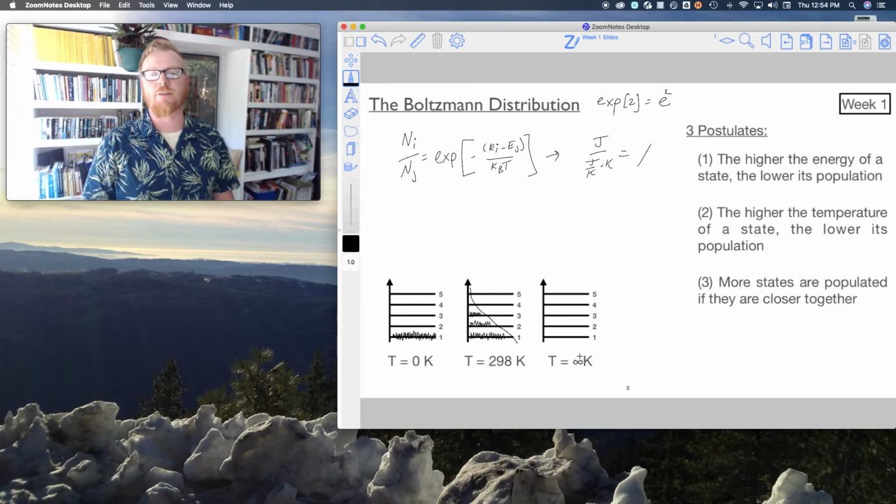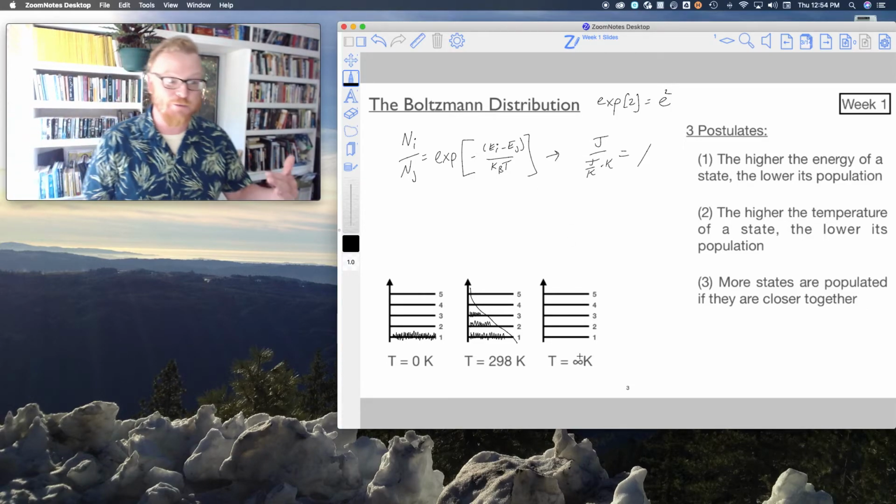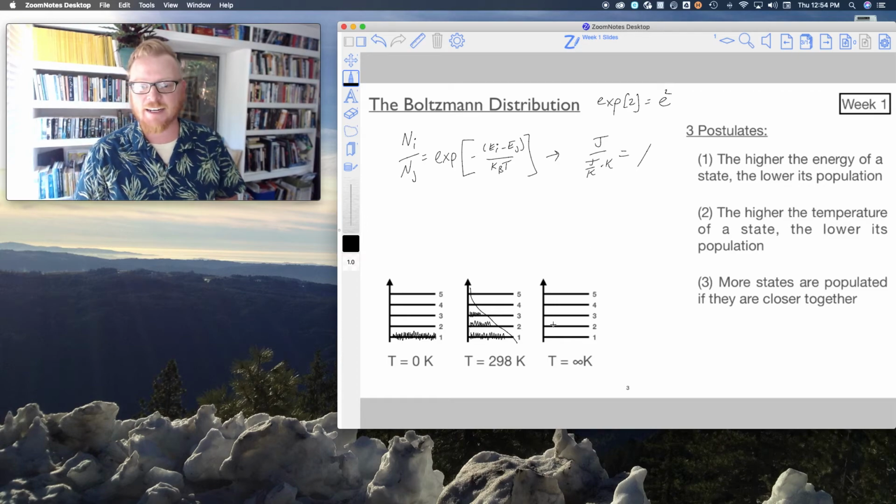And even though this could never happen, if we could get something up to infinite Kelvin, then technically we would be populating all of these states with equal probability, which just won't happen, okay? But if I heat this up from 298 Kelvin to let's say 1000 Kelvin, I will see more of these upper lying states becoming populated.